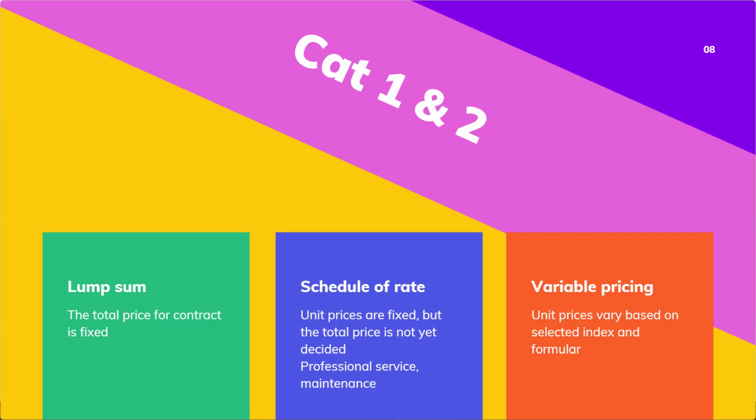So we may use only a list of unit prices. And with variable pricing, we allow the price to fluctuate. This is particularly helpful when the contract is longer and the input is a commodity or something that fluctuates wildly according to the market.